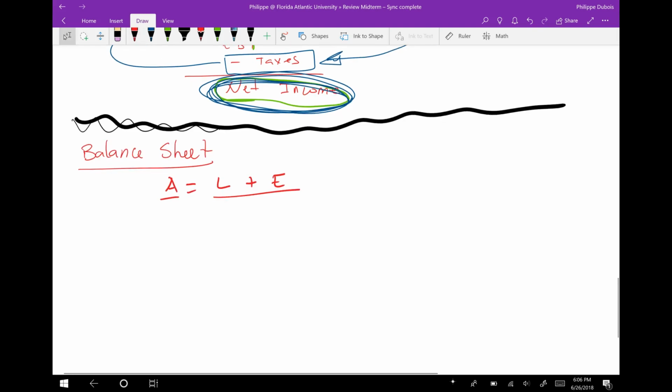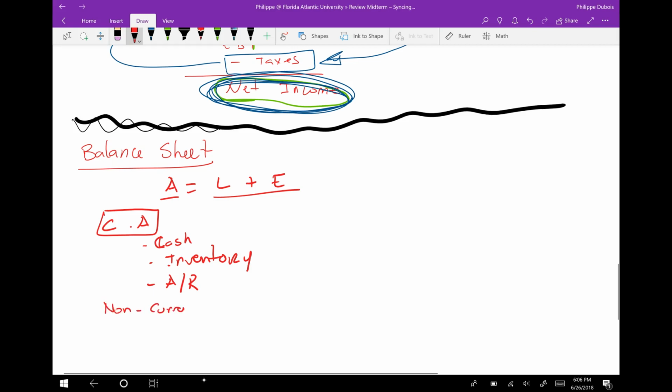All right, so your current asset, as mentioned moments ago, will be cash. It'll be inventory. It'll be accounts receivable, listed in order of liquidity. And your non-current asset will be your PP&E, also known as fixed asset.